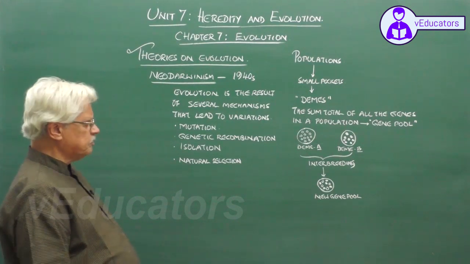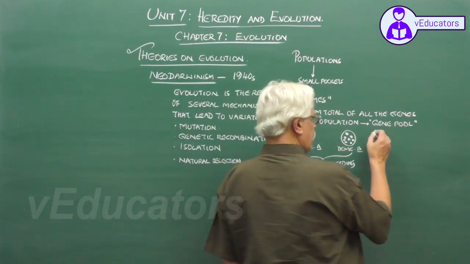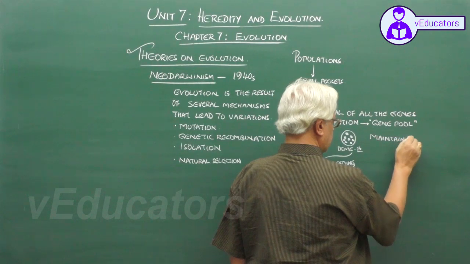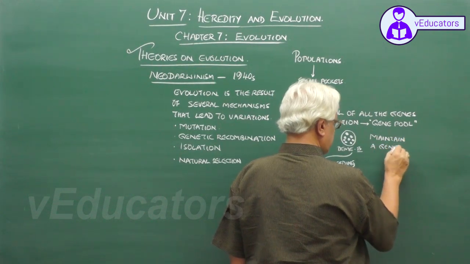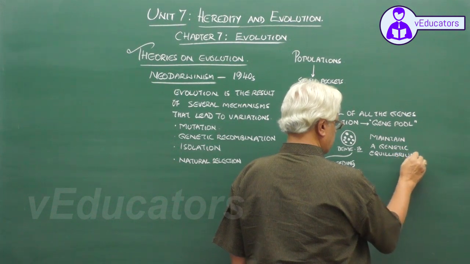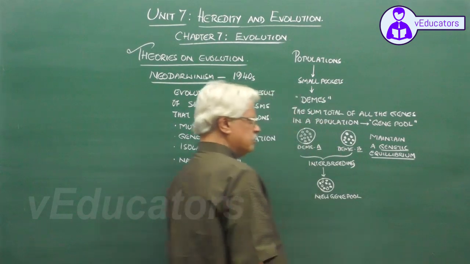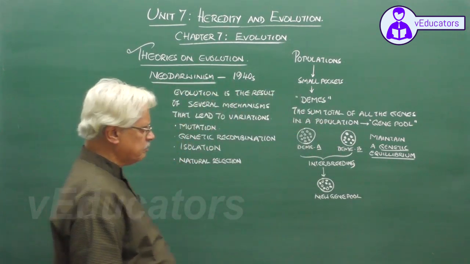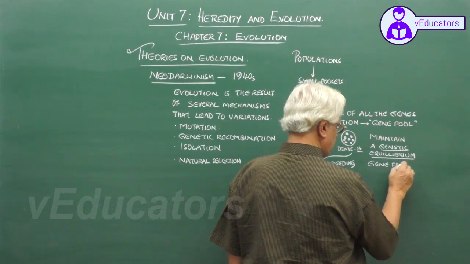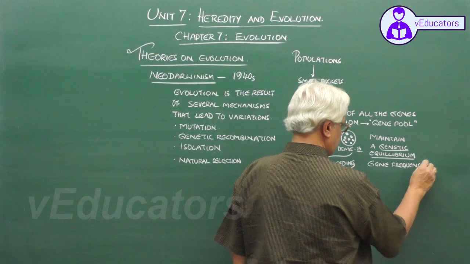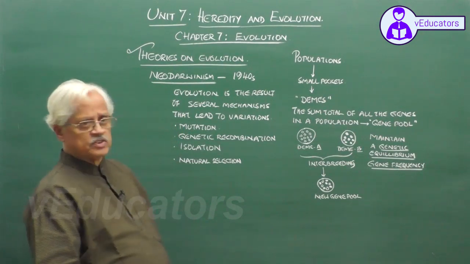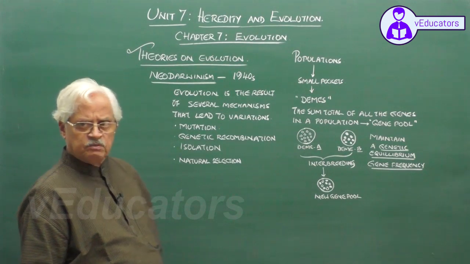So according to Neo-Darwinism, every population tries to maintain a genetic equilibrium wherein there is no change in the gene frequency, the frequency of individual genes to its alleles, that is called gene frequency.